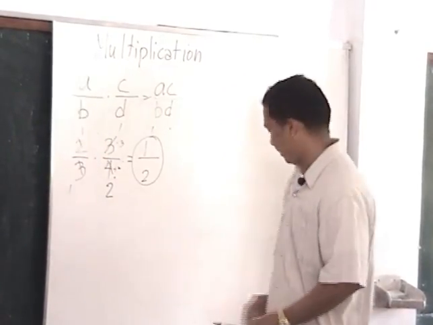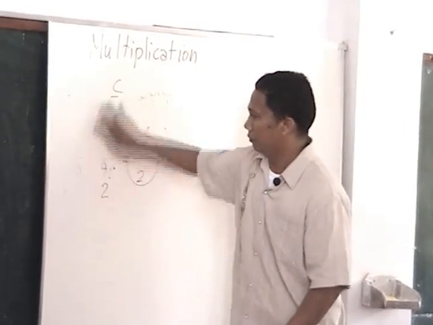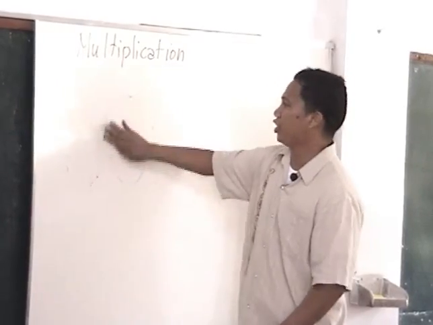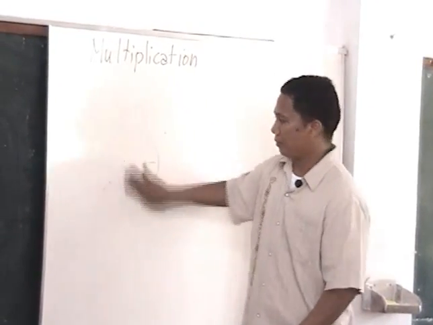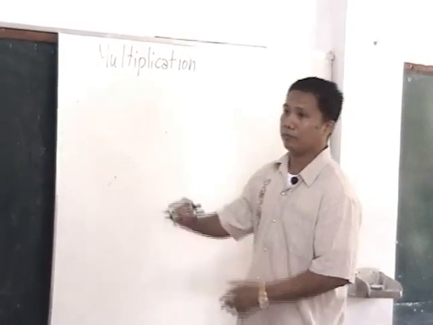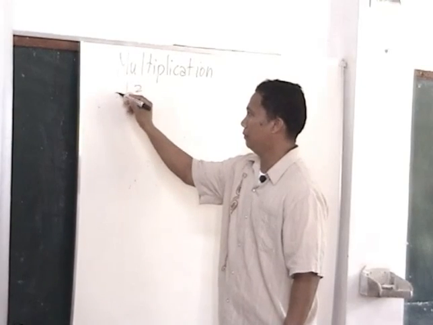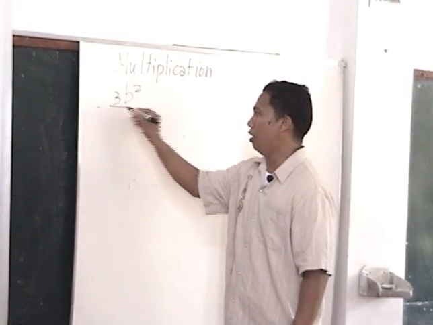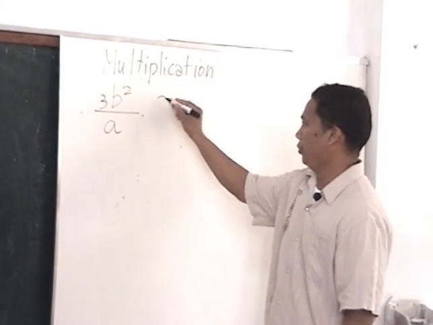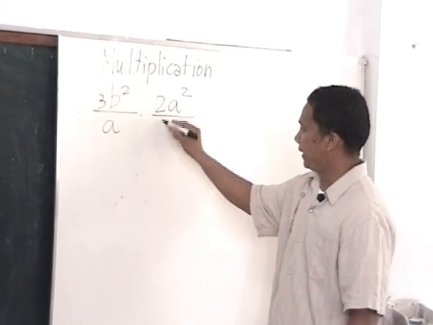Say for example, class, let us have another topic. How about if we are using rational expressions? Say for example, we have 3b squared over a times 2a squared over b.